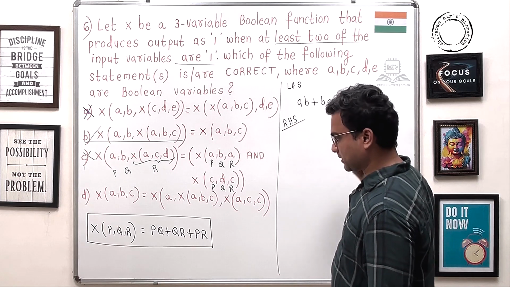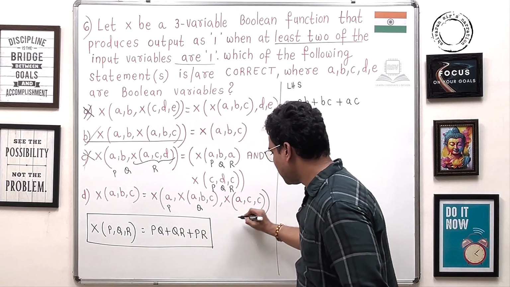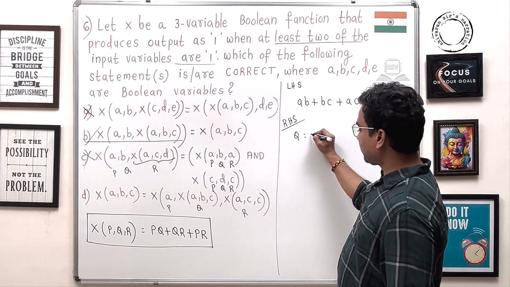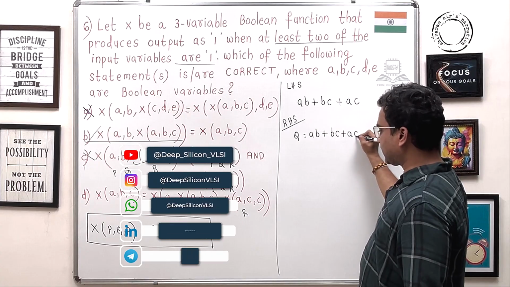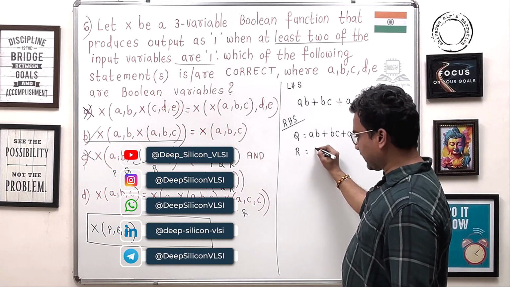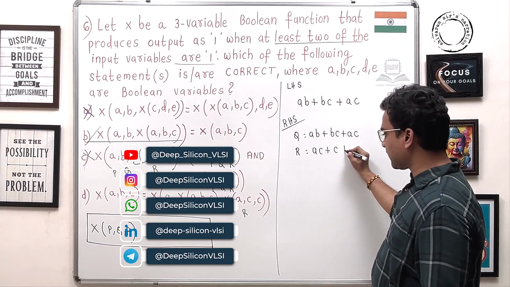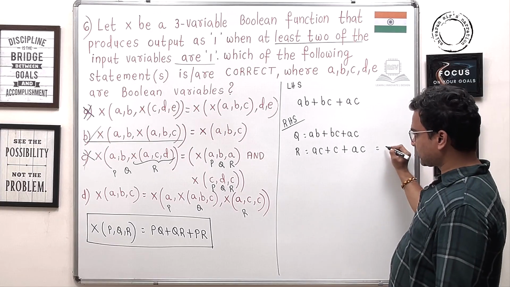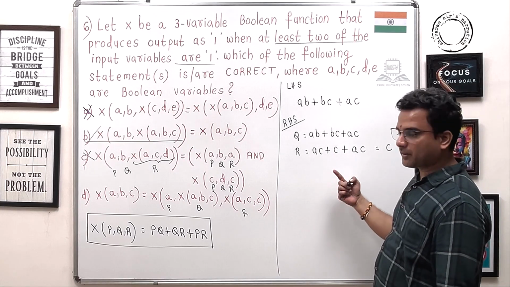Coming to the RHS, it is P, Q, R. Then guys, what is Q? AB plus BC plus AC. What is R? AC plus CC means C plus AC. Means guys, it is C only now, isn't it? C if you take common.